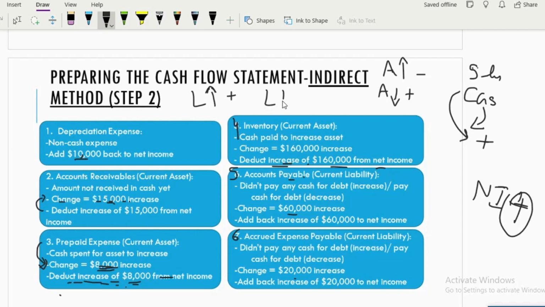Whenever a liability decreases, it means you are paying a liability, it is taking the money from your hands, so minus it. This is the basic rule which you should remember. Asset increase, minus. Asset decrease, add. Liability increase, add. Liability decrease, minus. Let's check further.